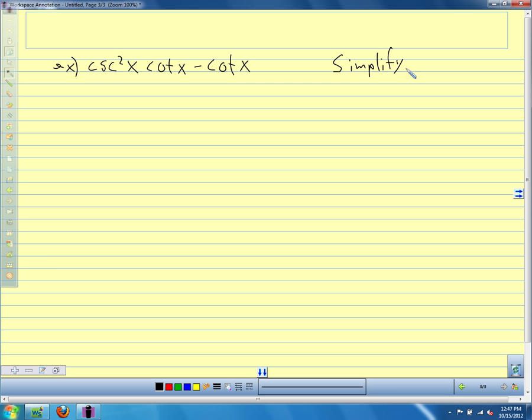Anybody have an idea of what we can do with this? What's common to both terms? The cotangent of x. So let's factor. So I'm going to factor out a cotangent of x. So I'm going to write this as cotangent of x times cosecant squared x minus 1.